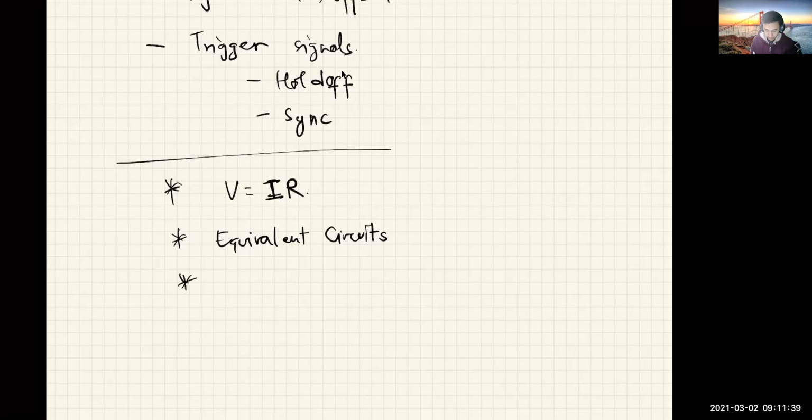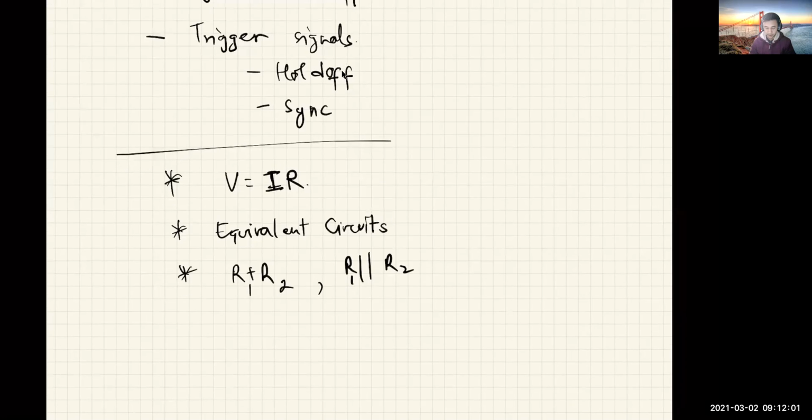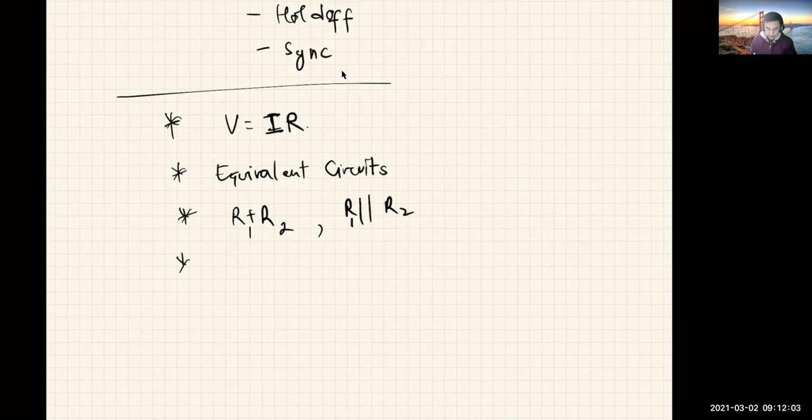You also learned about, well, in doing equivalent circuits, parallel and series resistance and how they add, or actually you learned about it before also. So you learned how to calculate the combinations of series resistances and parallel resistances.